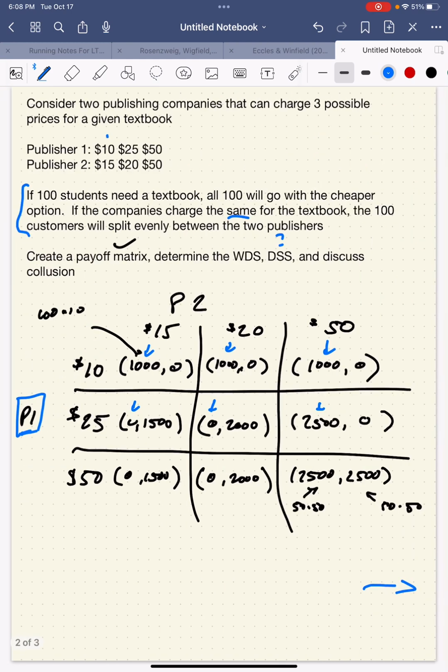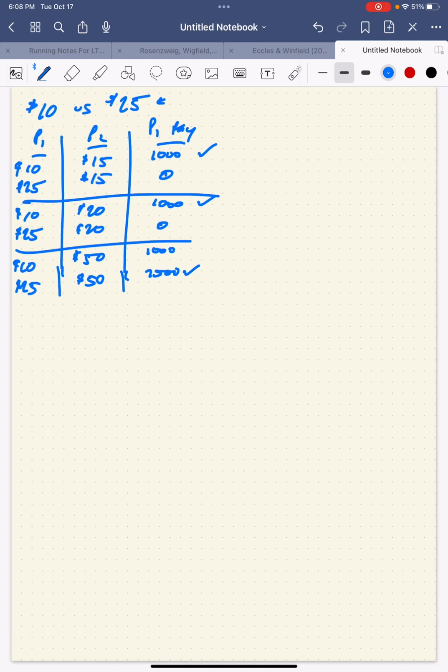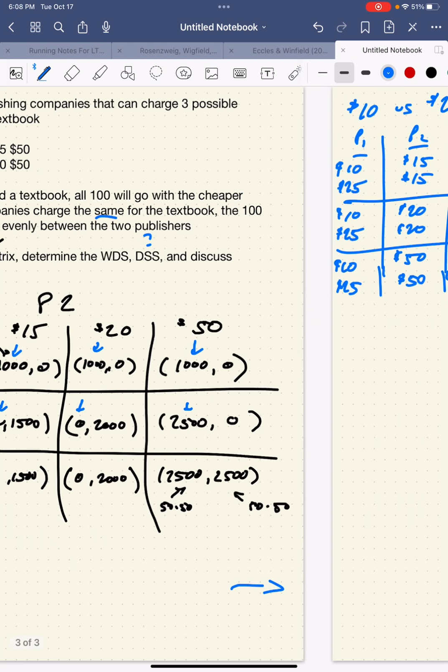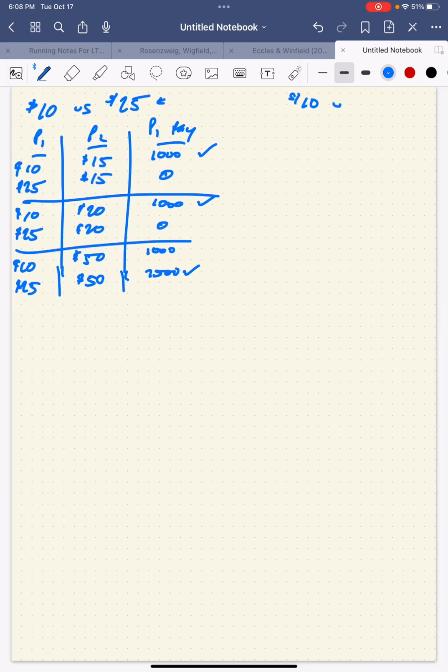And we're going to repeat these with all other combinations. So we're going to do 10 versus 50, and then we're also going to do 25 versus 50. And we're going to see if any of these weak dominant strategies emerge.